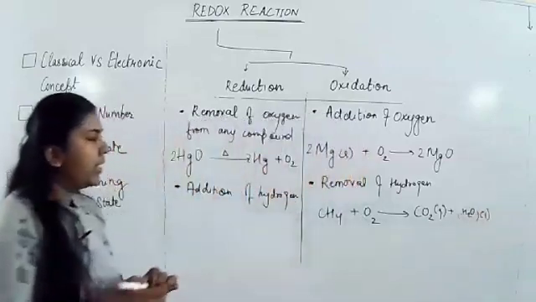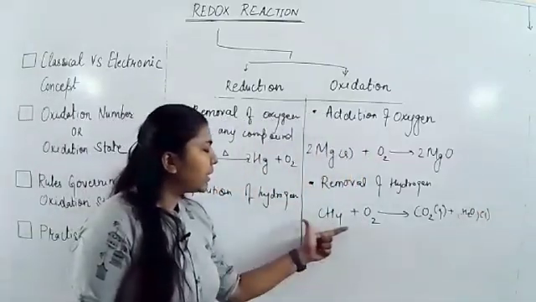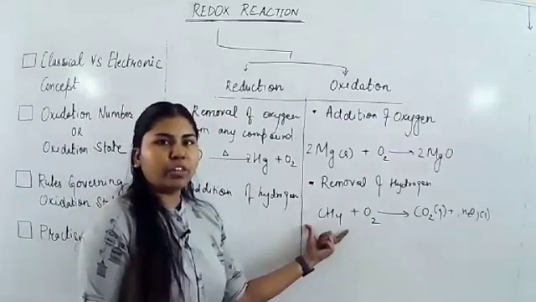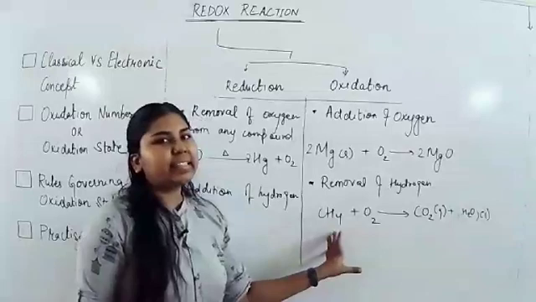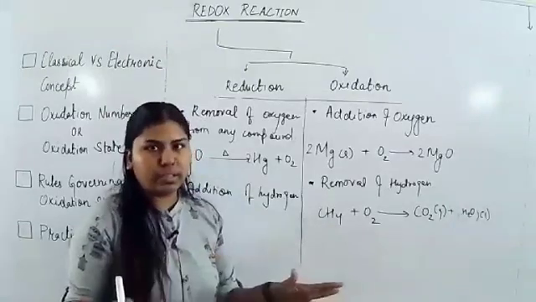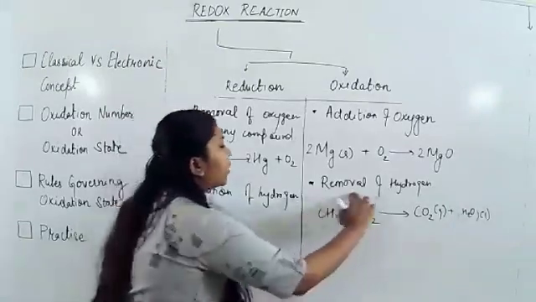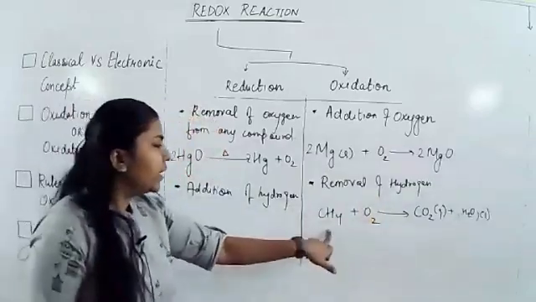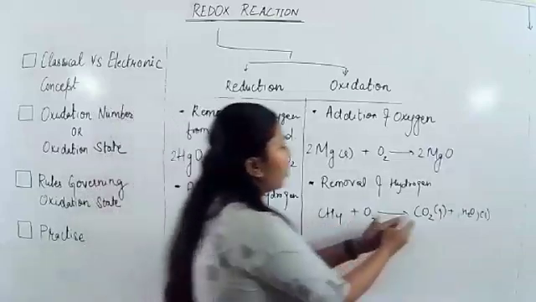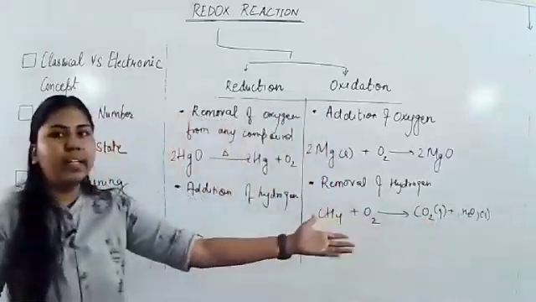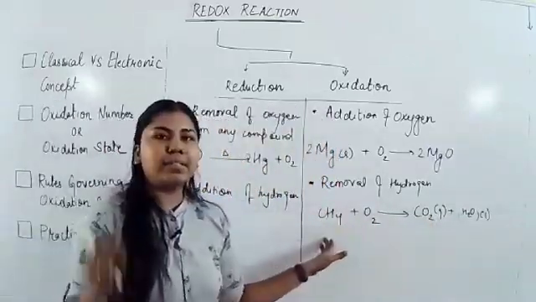Here I can see that carbon is having covalent bonds with hydrogen in CH4, methane, and it is releasing its hydrogen. The hydrogen is being removed from the species. So here we can say carbon is getting oxidized. Obviously oxygen is getting added also, so it is very apparent that carbon is getting oxidized.